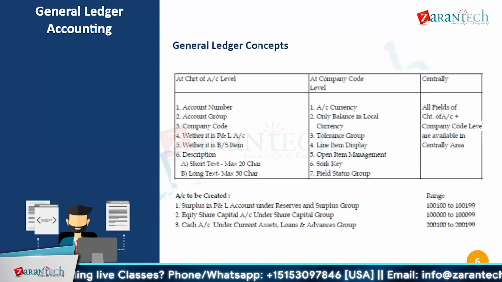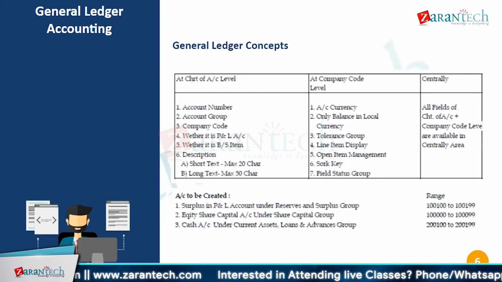It will be common to every company using the chart of account. So at the chart of account level, you will have the account number, the account group, whether it's a profit and loss account or a balance sheet item, the description, the short text and the long text. Now, anyone using the chart of account will have this already done.